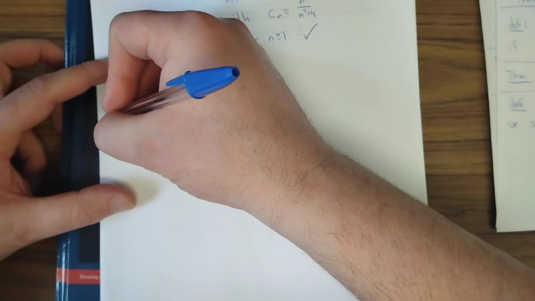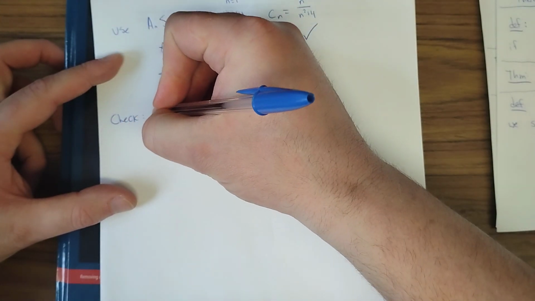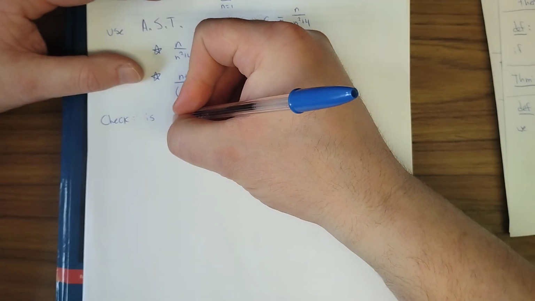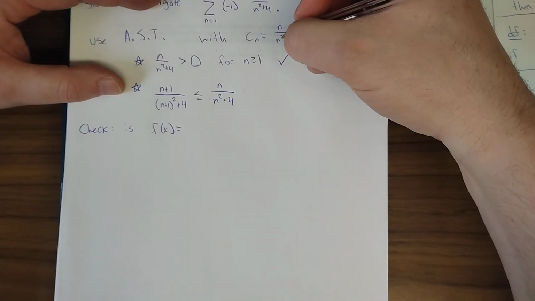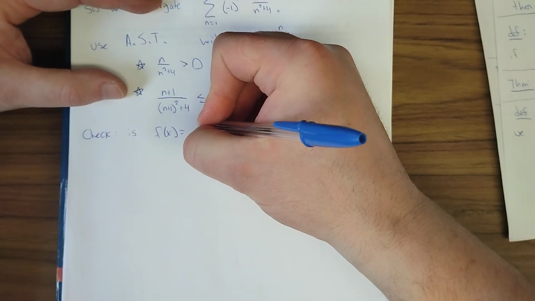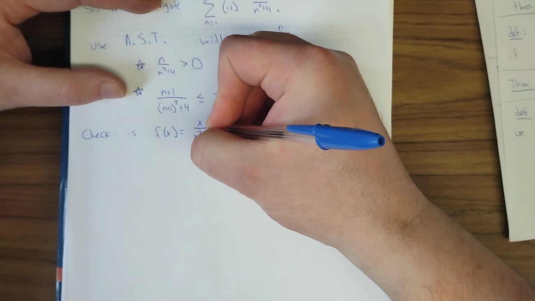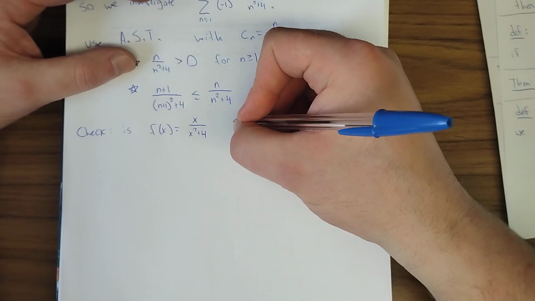Here's something we can resort to. If I let f of x be this function, but of course with x's instead of n's, I can check that this is a decreasing function.